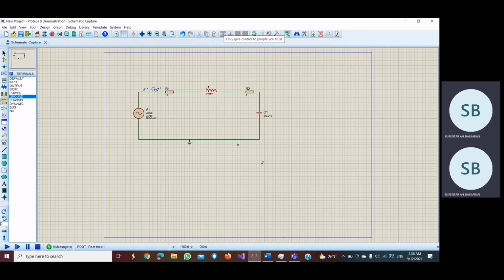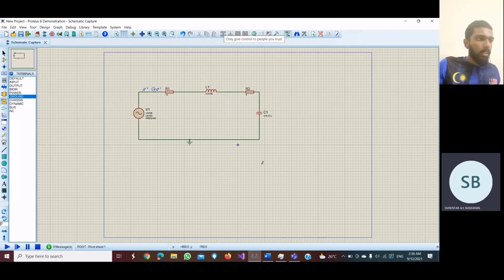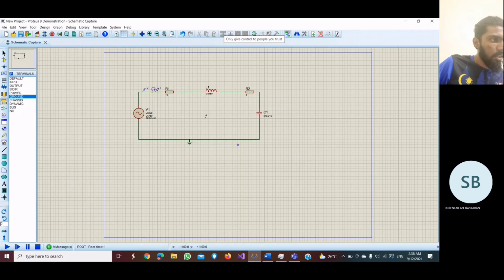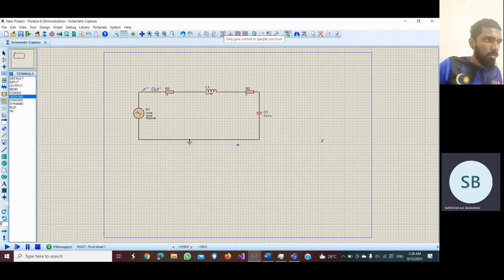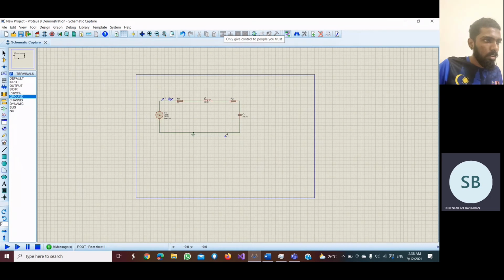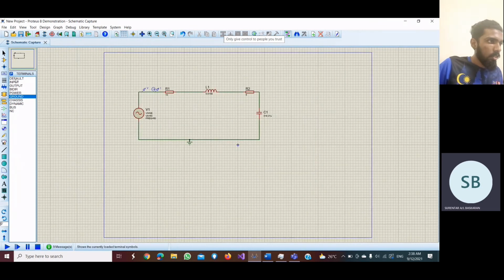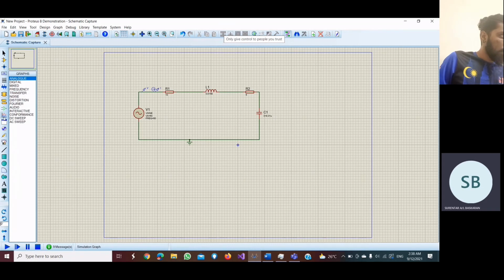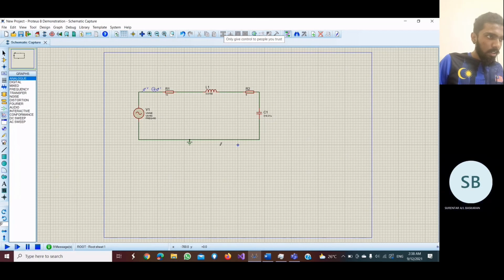So the next step is we need to generate a graph, the analog graph, something like this.